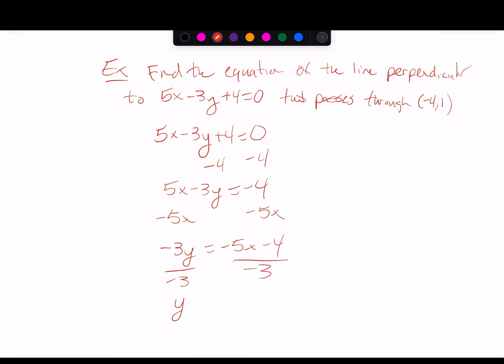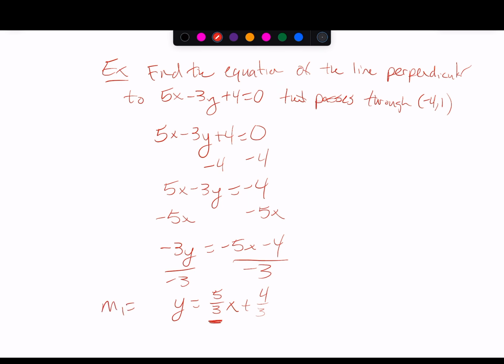And we get y is equal to negative 5 over negative 3, or 5/3 x, plus 4/3, because we have negative 4 over negative 3. So that's our equation of the first line, our given line, and our slope is 5/3.